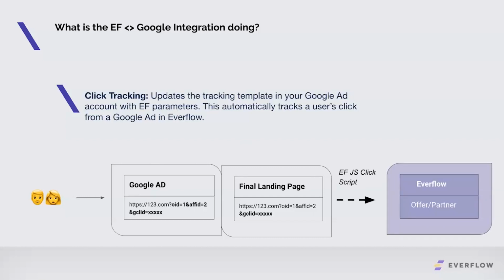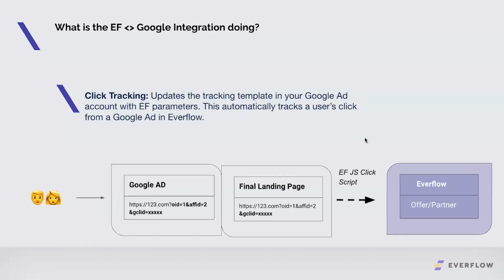And this JavaScript creates the click in Everflow for this particular offer and partner combination. And that also stores the Google click ID against that Everflow click. And that's how we know that this particular click from this particular offer and affiliate and this particular Google click ID actually converted or did some action, right? So that's the click tracking part. That's the main action that the integration allows us to do.